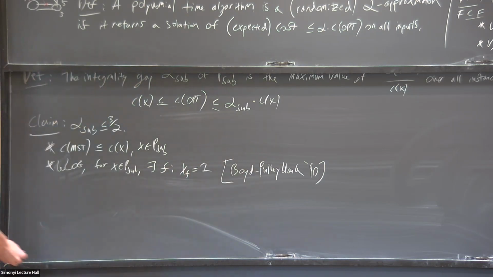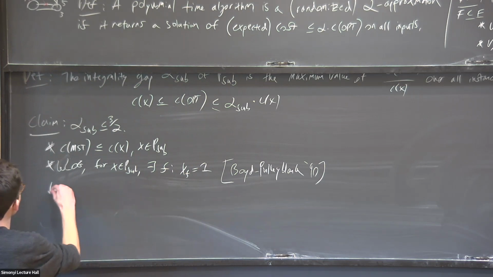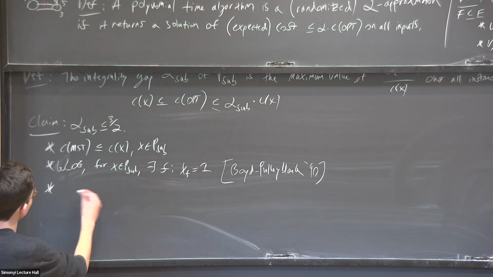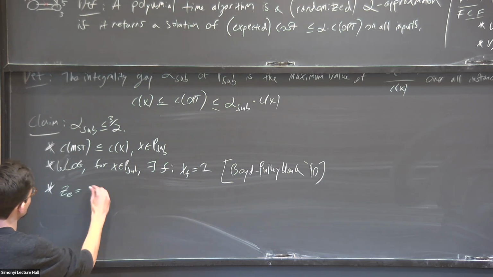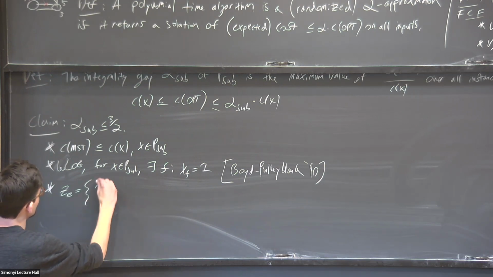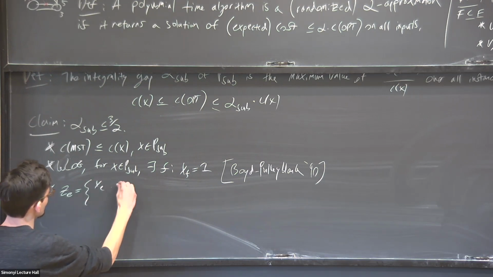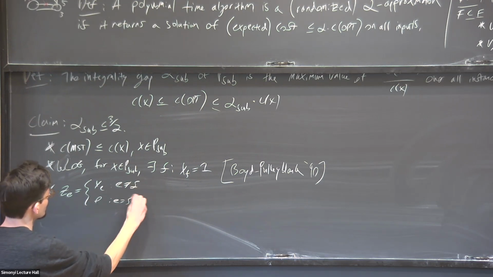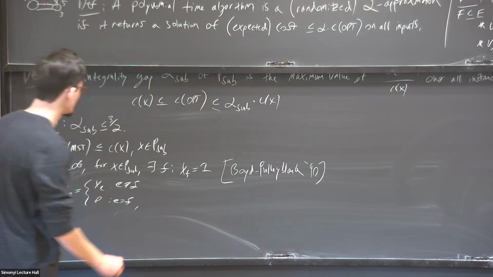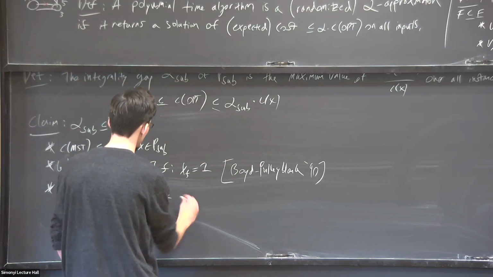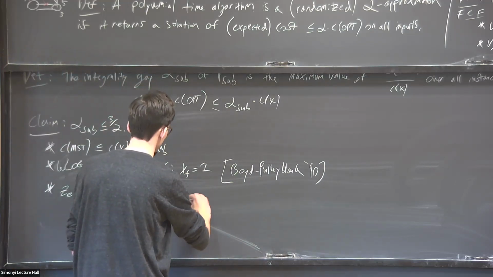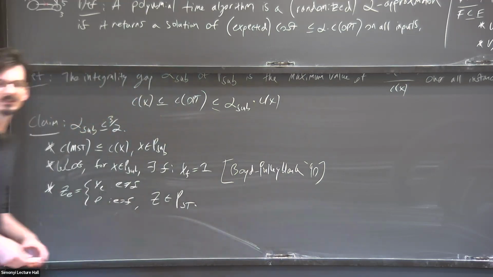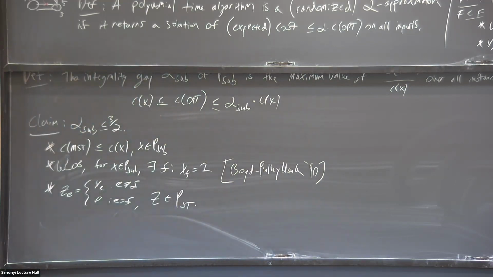Okay, but actually, it turns out this means that if I set z to be equal to x_e for e not equal to f, and 0 for e equal to f, then z actually lies in the spanning tree polytope. And I'll define that now.